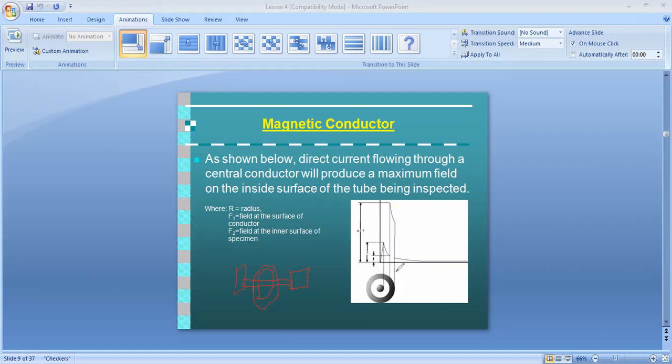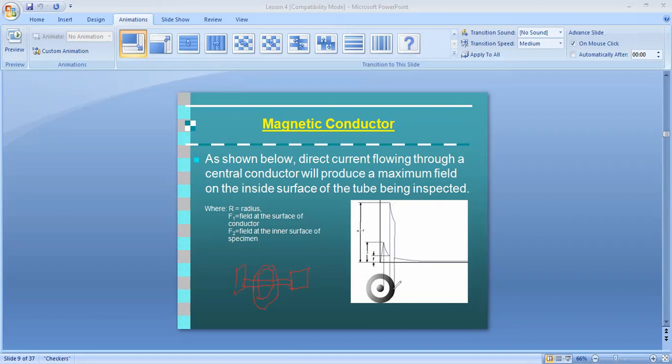Even if you are applying current to a non-magnetic conductor or non-magnetic material, the lines of force will be generated, but the magnetic field will not be generated high. Why? Because generation of the magnetic field depends upon the permeability of the material. Here the permeability of the material is less, here the permeability is high. That's why the same amount of lines of force will generate a high magnetic field here. That's why the graph is high here.